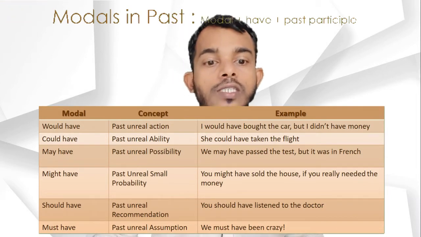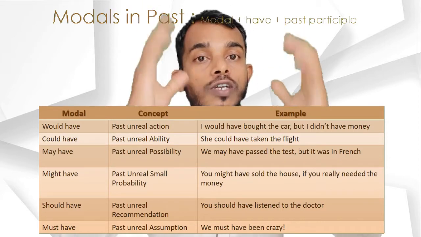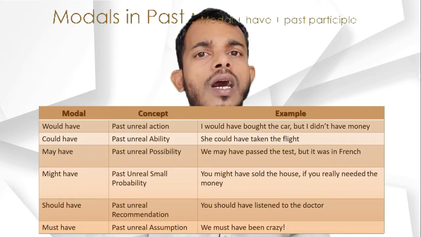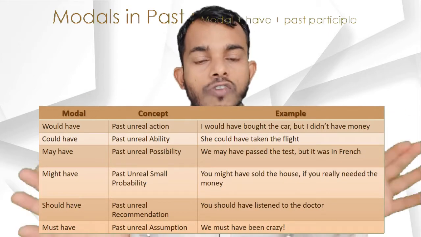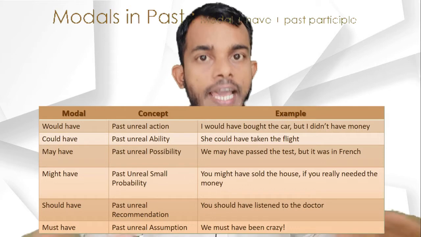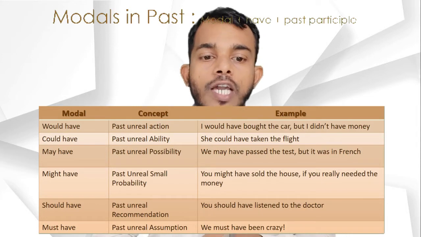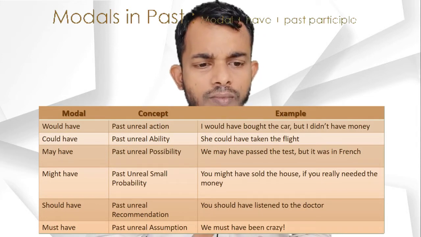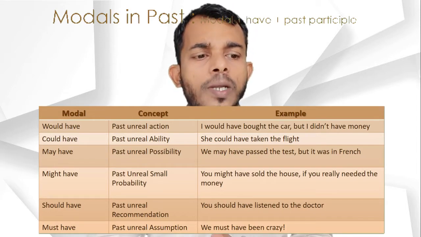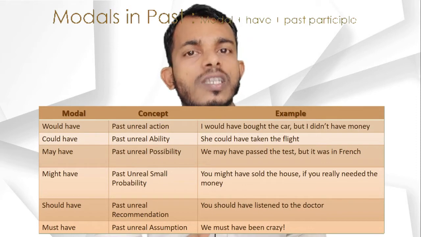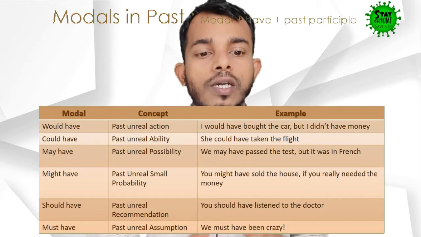Then could have shows past unreal ability. I could have lifted 100 kilograms, but I was weak at that time. It is unreal ability, not real ability. It did not happen in the past, but to express that unreal ability, we use could have. Then may have means past unreal possibility. We may have passed the examination, but it was in French. Otherwise we may have passed, showing the possibility.